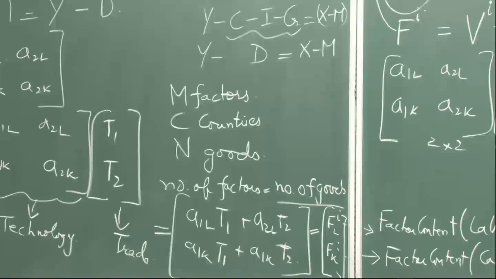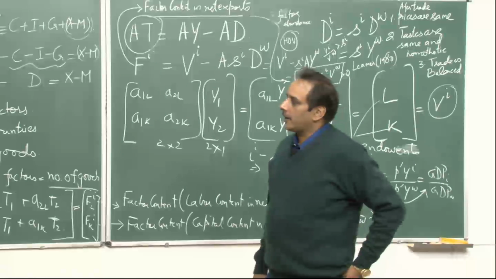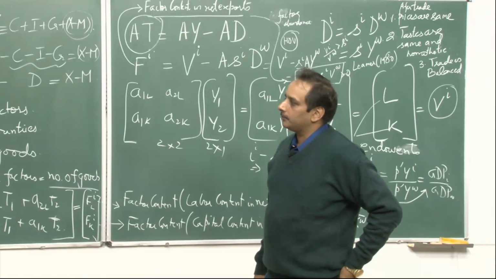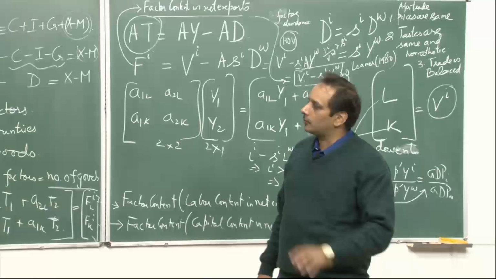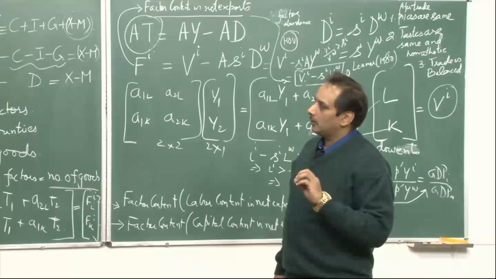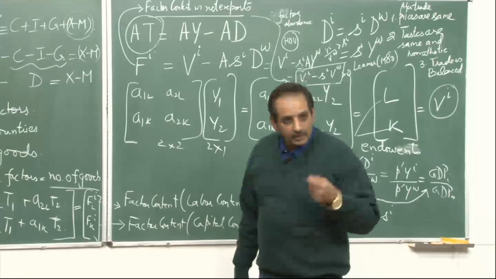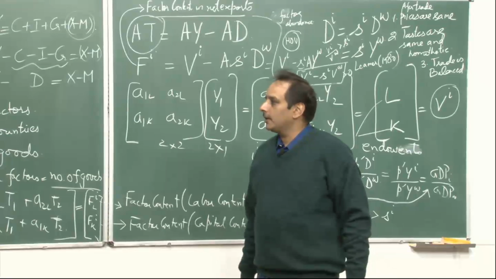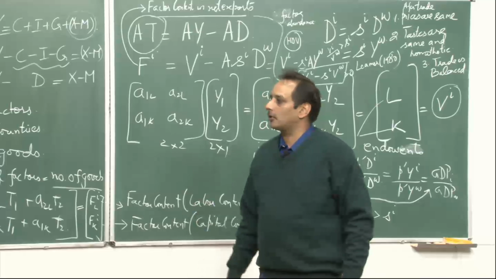So, this way we can talk of the modified Heckscher-Ohlin model, which can explain the empirical facts of international trade, and second, can take into account the differences in technology across countries.